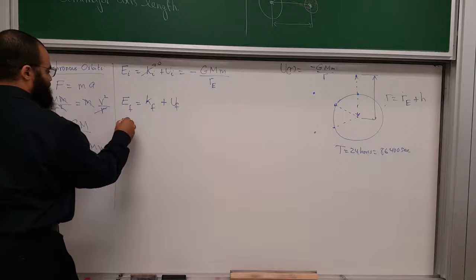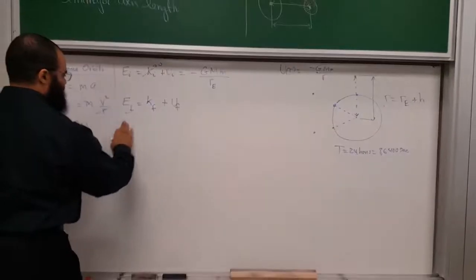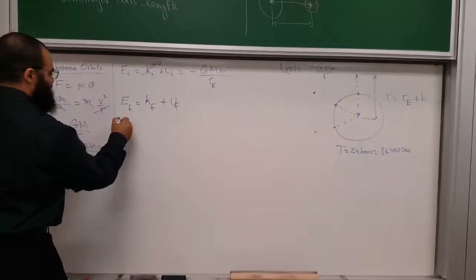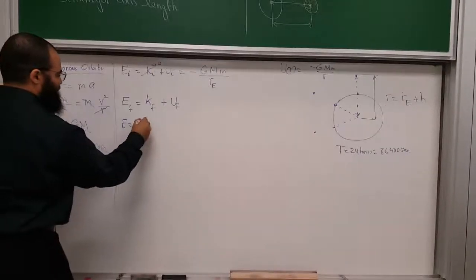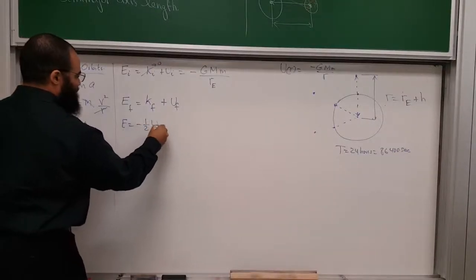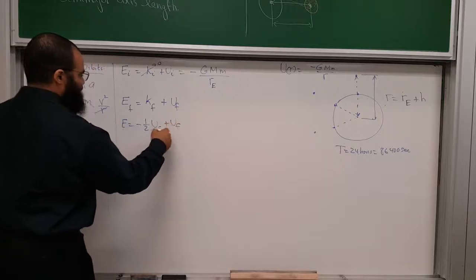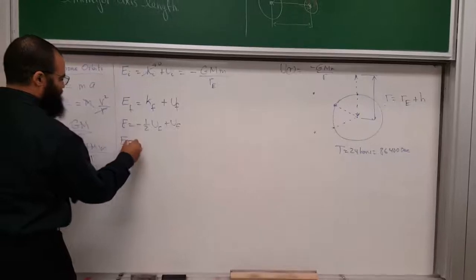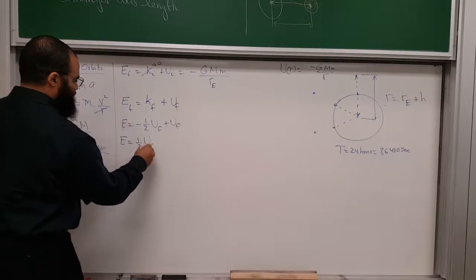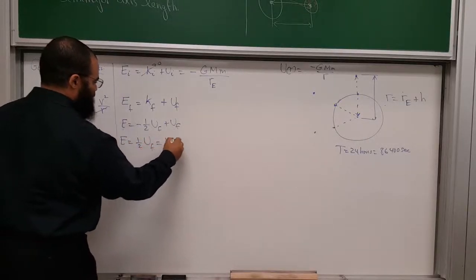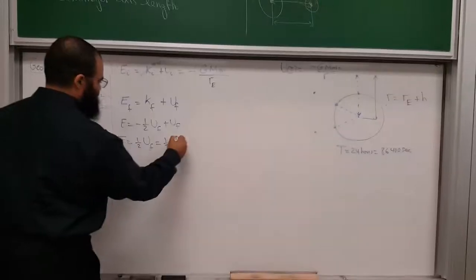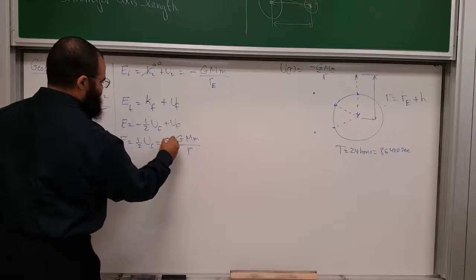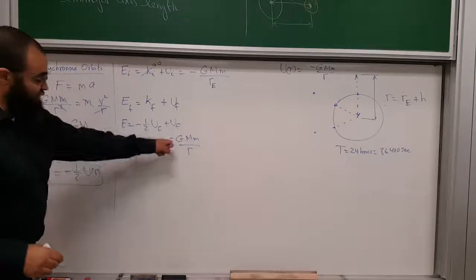So E will equal negative 1/2 of U final plus U final, and this is just 1/2 of U final. But U final is G capital M little m divided by R with a minus sign, so the total energy is still negative.